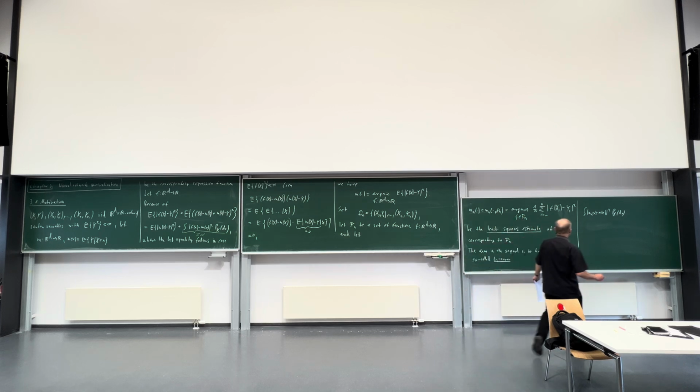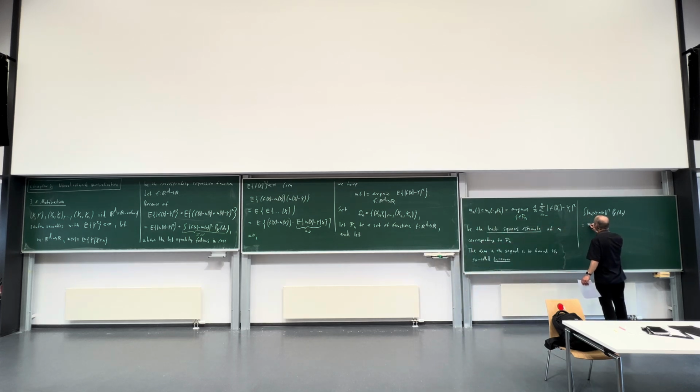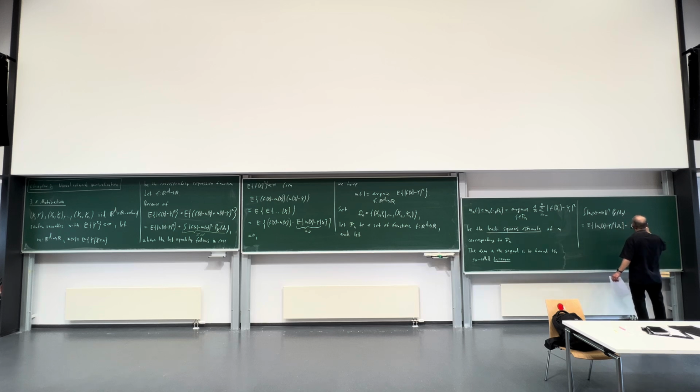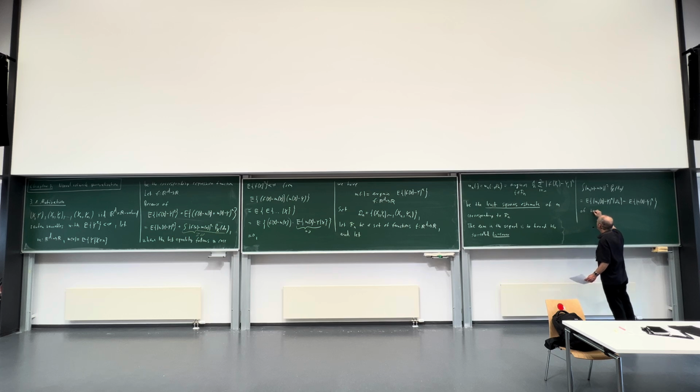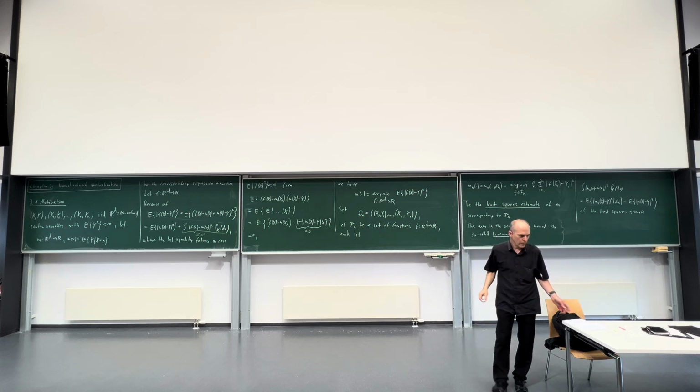So this is basically the same as the expectation of (mn(X) minus Y) squared minus the expectation of (m(X) minus Y) squared, for the least squares estimate.